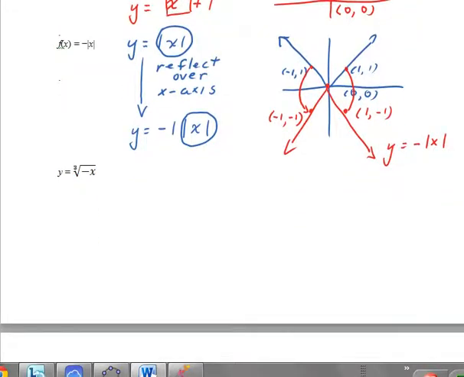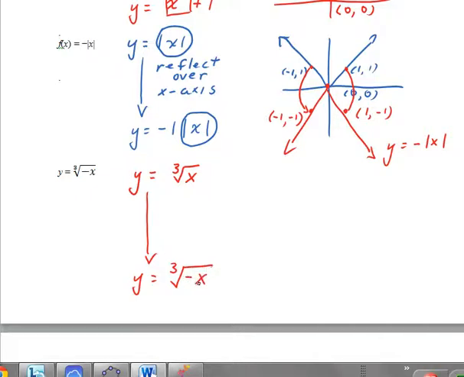And the last one is with a standard function which is not quite as familiar, y equals the cube root of x. And we're going to transform that to get y equals the cube root of the opposite of x.